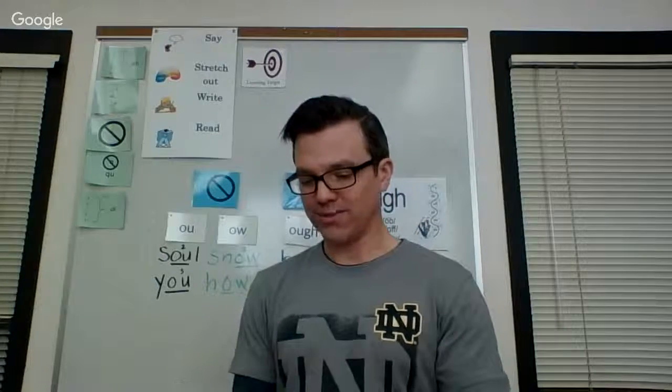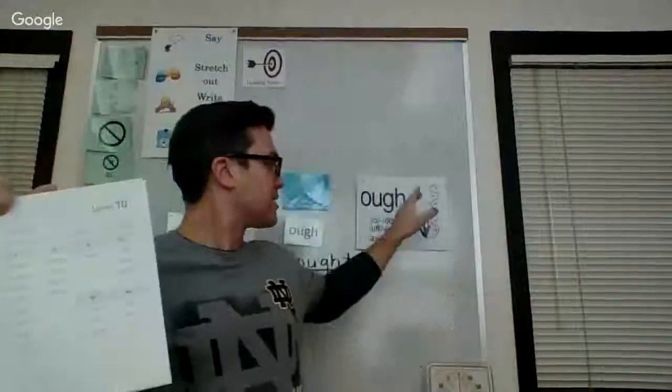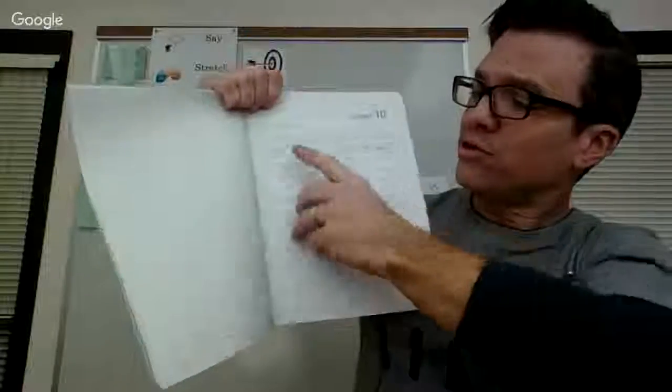Okay? Now, a couple of things about your student notebook today. There is tons to do in your student notebook for lesson 10 before we get to the spelling tomorrow. So let me show you what's in there. See this on page 161? It's all sorts of words divided into the way the Logic of English has divided up these sounds. But you should be able to read them too, because if you look at the top, they give you a symbol.